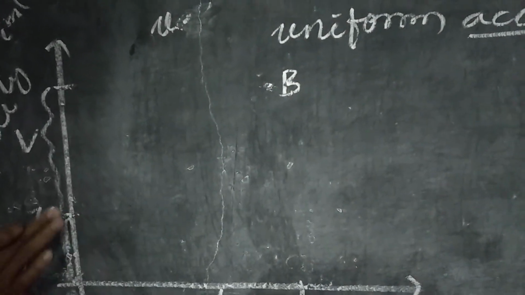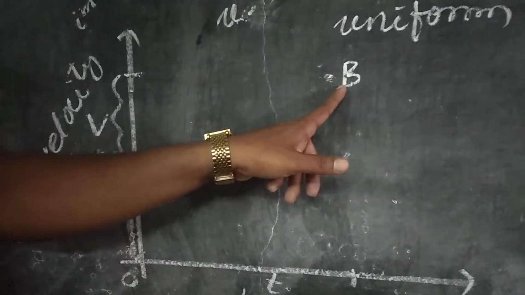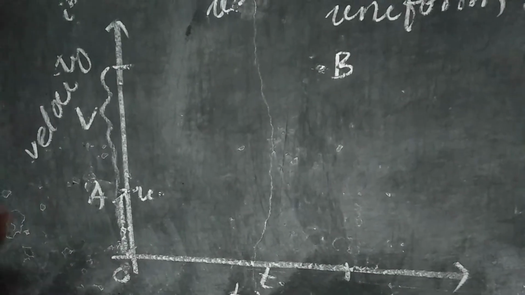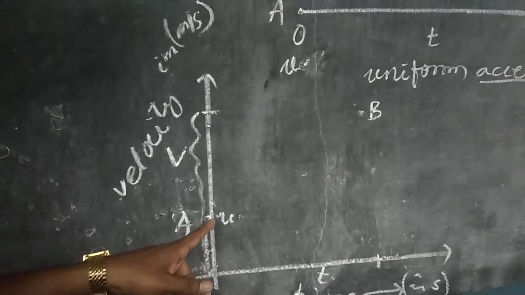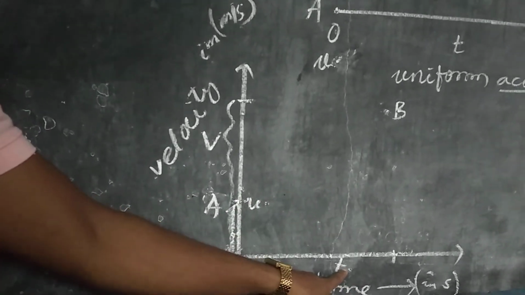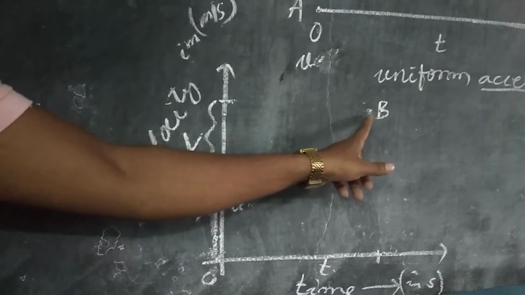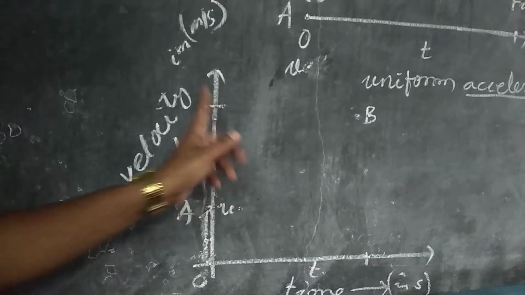Suppose this point is a, and this is b. At the initial velocity u the body is at u, and after time t the body covers distance and gets a final velocity, that final velocity is v. Clear this one?